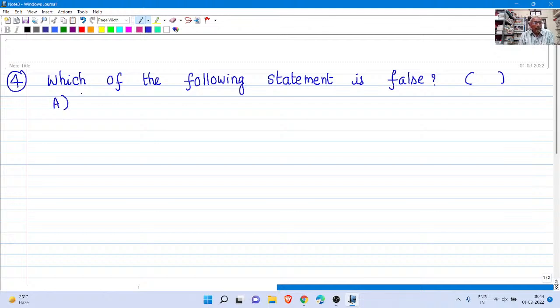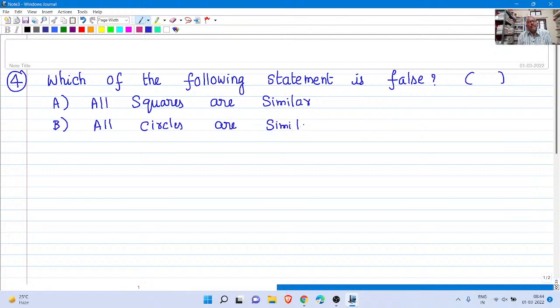Option A, all squares are similar. Whether the statement is true or false, you need to decide. B, all circles are similar.